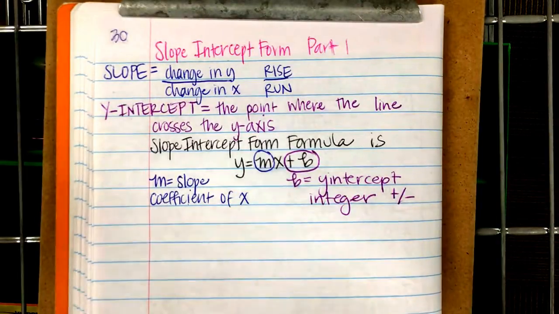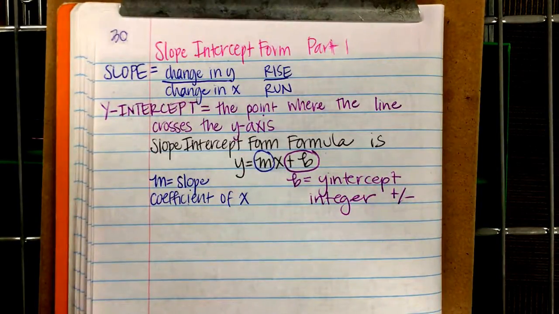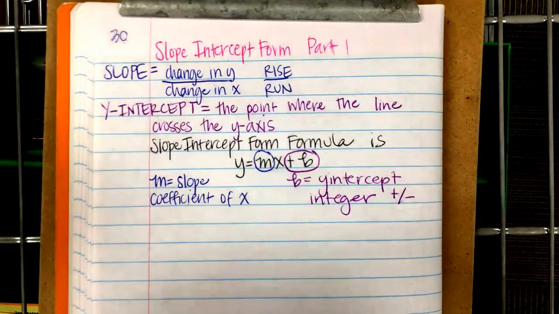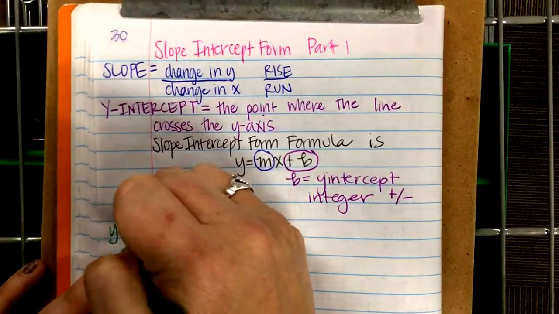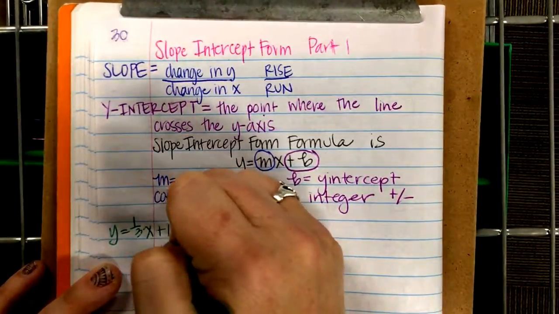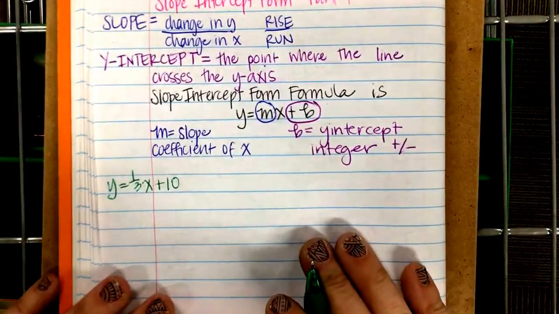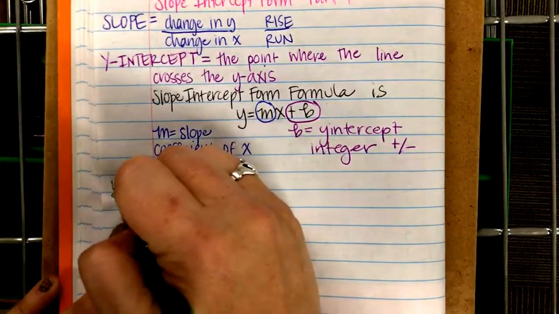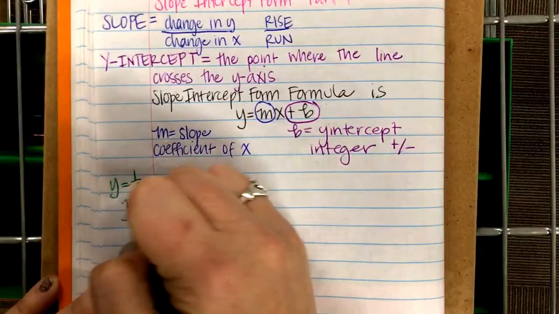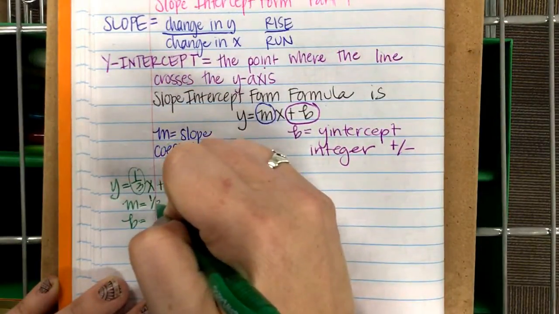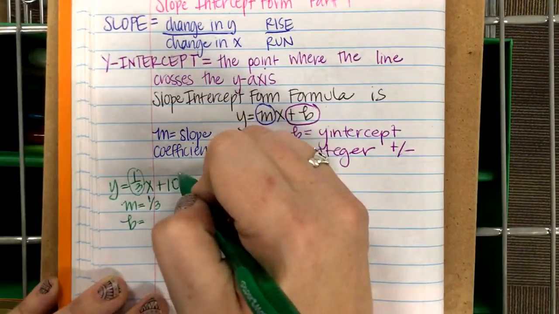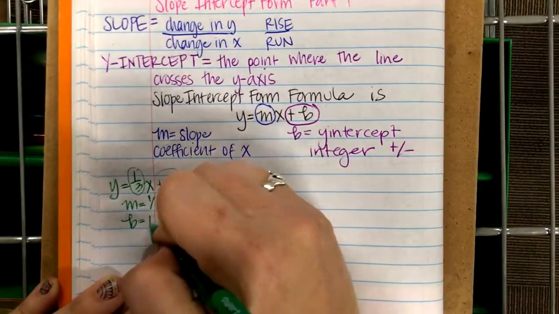All right, I'm going to give you 4 equations, and you are going to identify the slope and the y-intercept. So if I give you y equals 1/3 x plus 10, the slope and the intercept. So the slope is 1/3 and the y-intercept is 10.